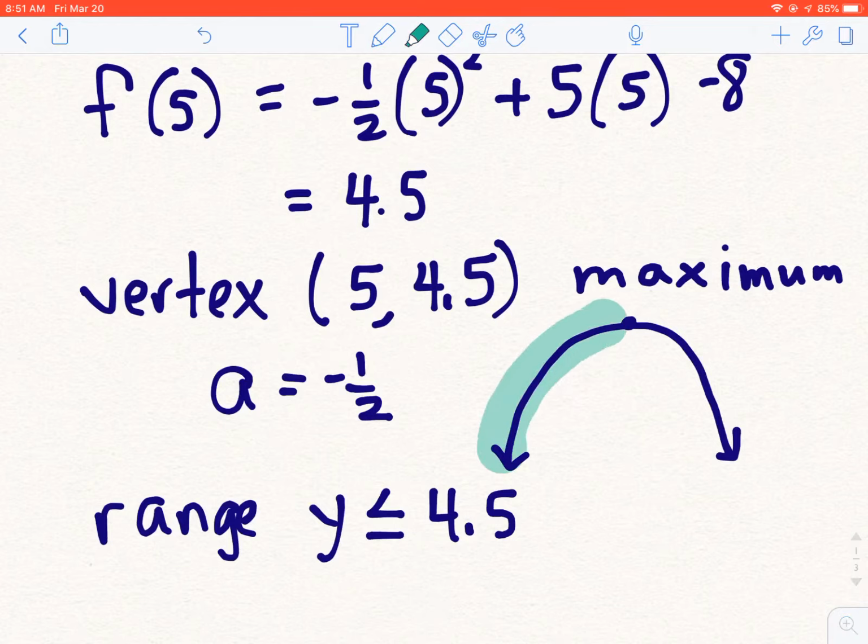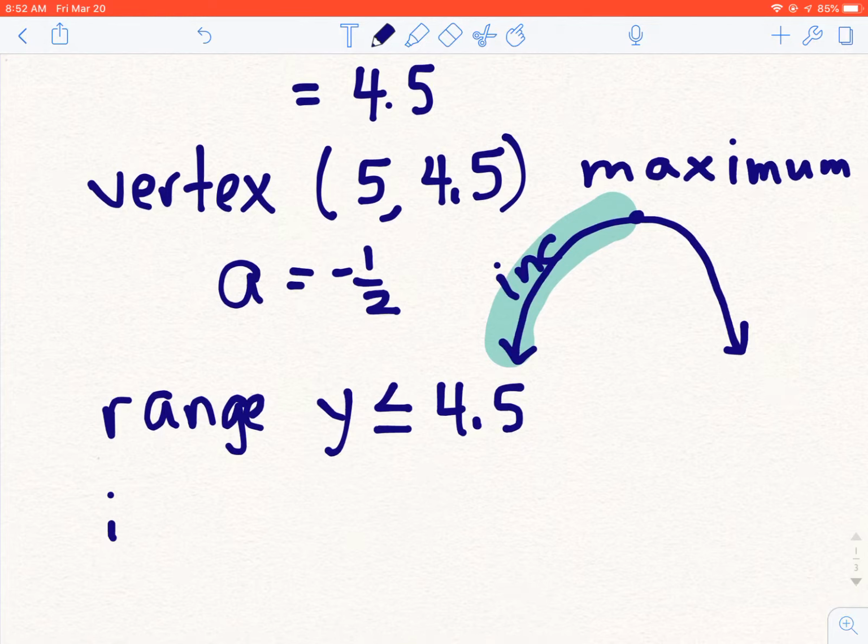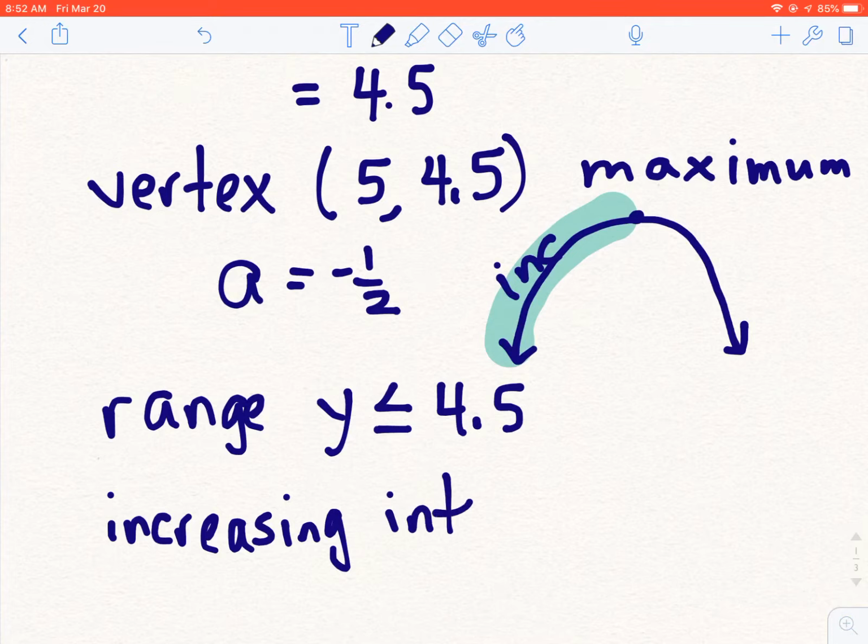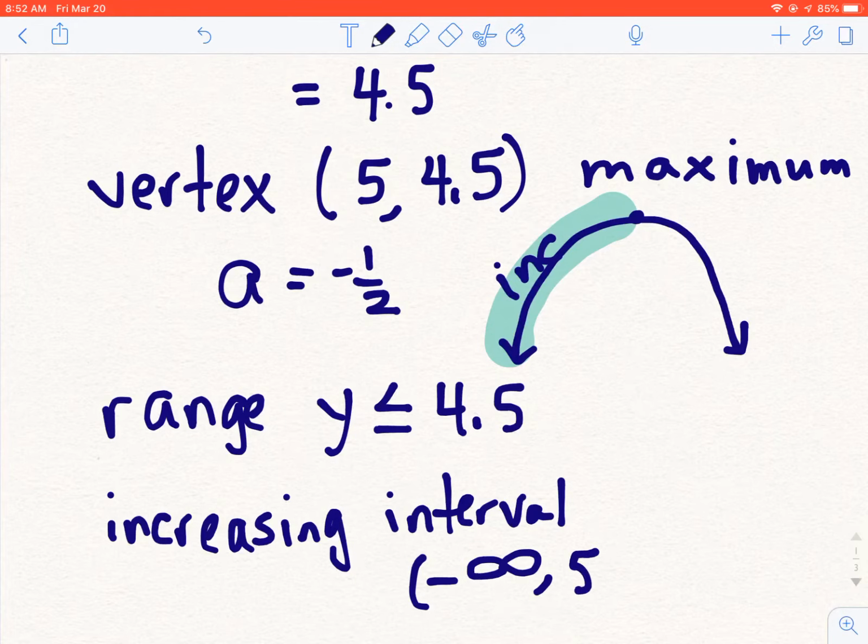Okay, so this side, the left side, that's going to be increasing. So remember, those are all about the x ones. So the increasing interval, remember this is not a point but an interval, is going to go from negative infinity to whatever the x value is, and the x value is 5.